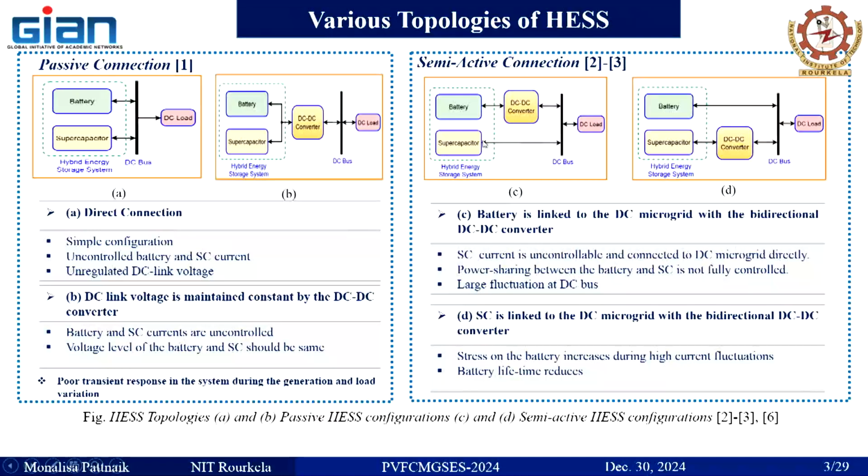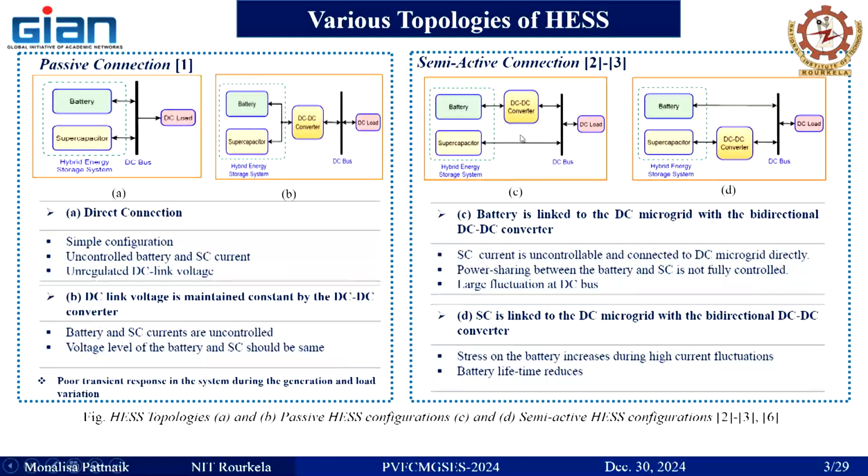It is a little more complex and a little more costly than the previous one, but the problem is that the unit connected directly is not regulated. We regulate the DC bus voltage and the battery current if it is connected through the converter, and it is the other way around otherwise. If the battery is connected directly, battery charge discharge control cannot be regulated. So these are the problems with the passive and semi-active topologies.